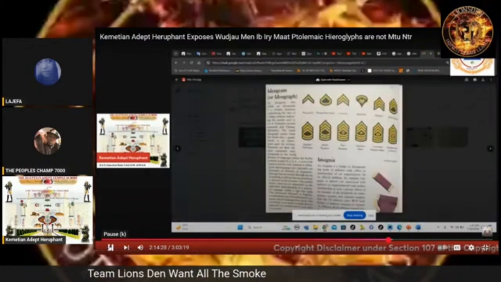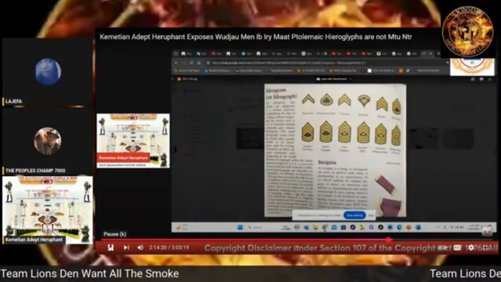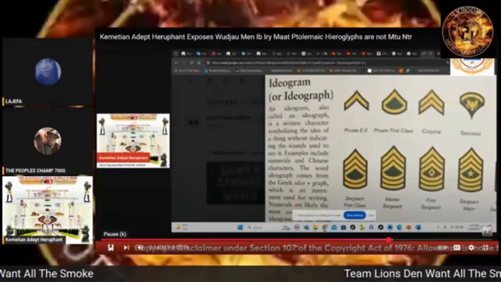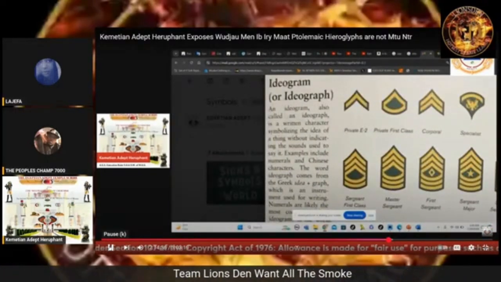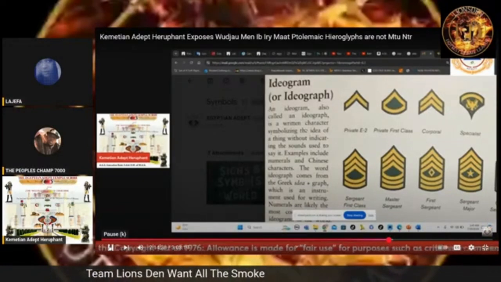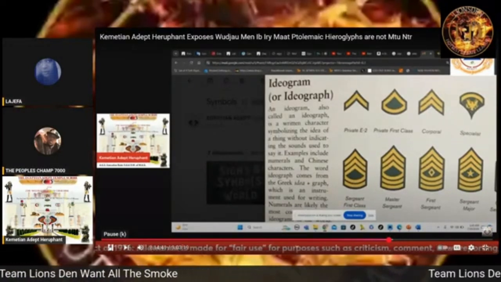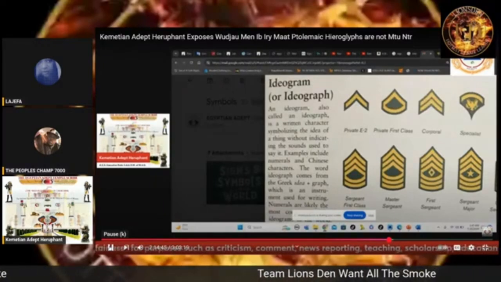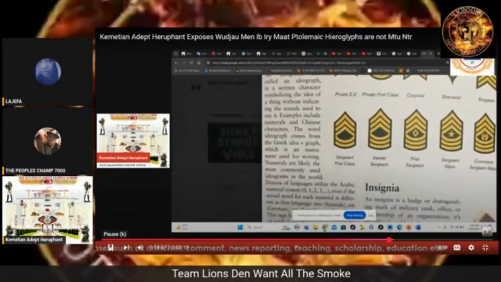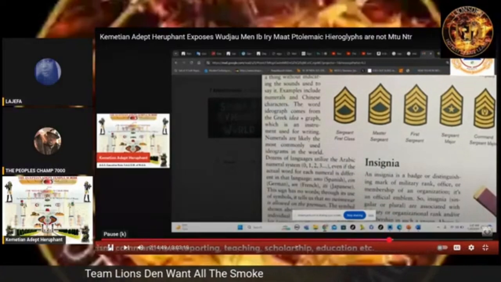So now they have a measure talking about ideograms. Remember, they call hieroglyphs ideograms, right? An ideogram, also called an ideograph, is a written character symbolizing the idea of a thing without indicating the sounds used to say it. Examples include numerals and Chinese characters.